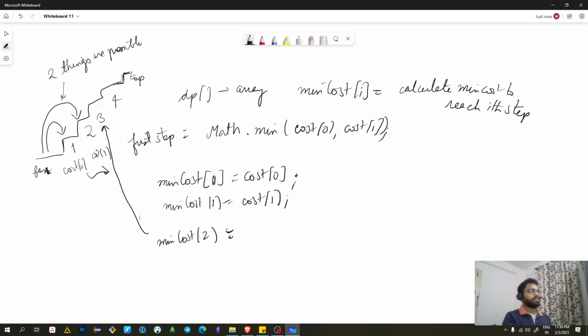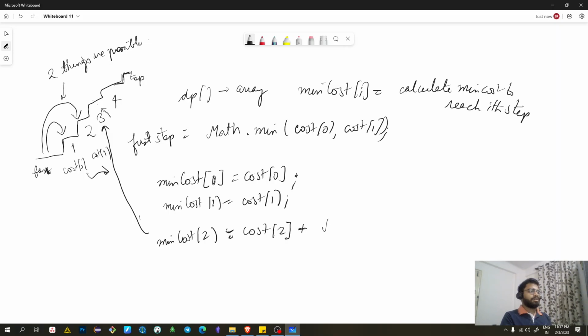Obviously, the one having the lower cost between these two. And to stand on this, you would also have to include the cost of this step.